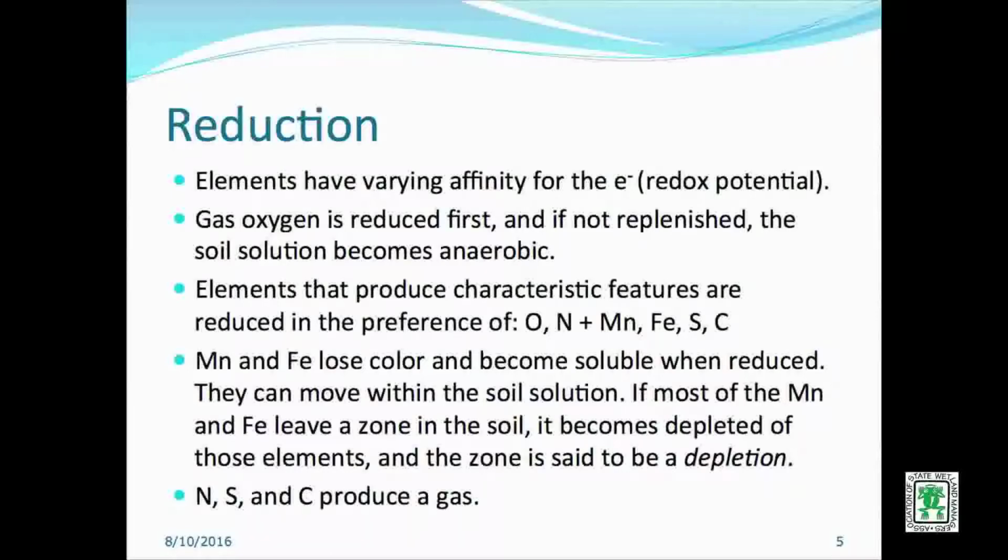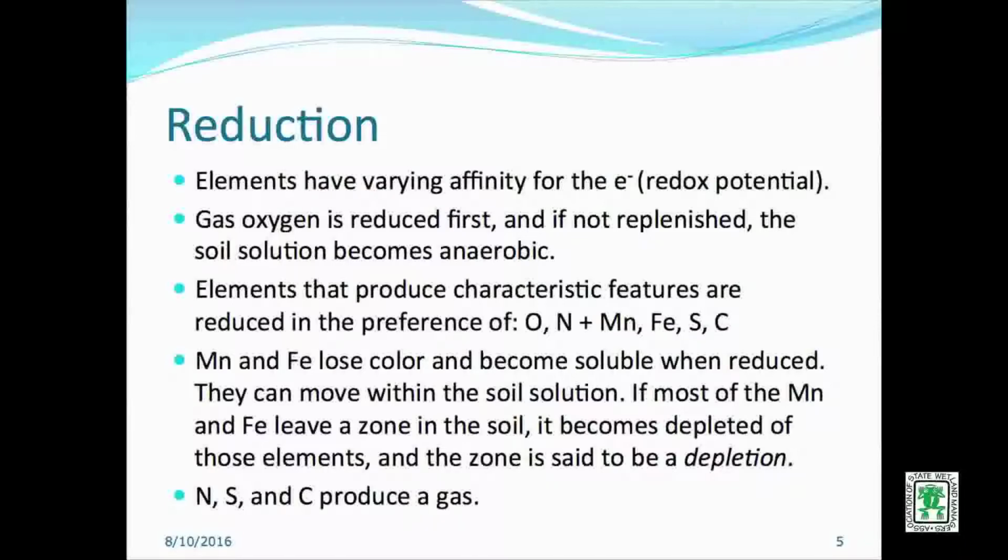Manganese and iron lose color and become soluble when they are reduced. So they go from a crystalline form into a soluble elemental form. And then the soluble iron and manganese move with the soil solution.